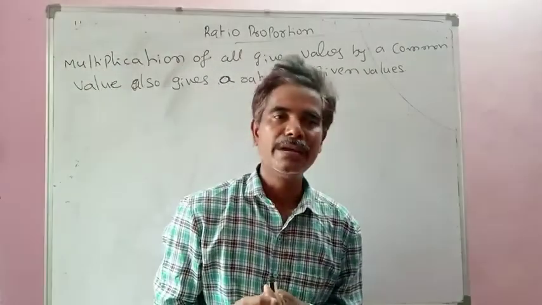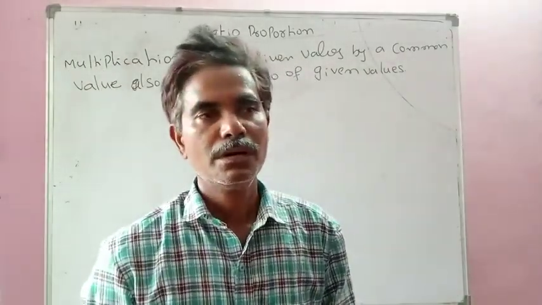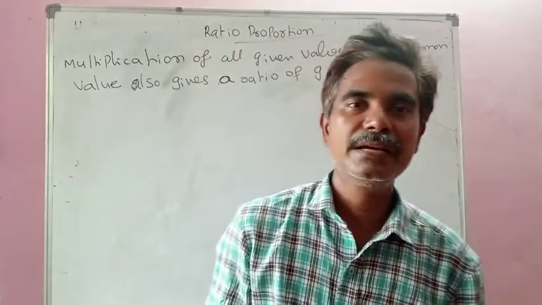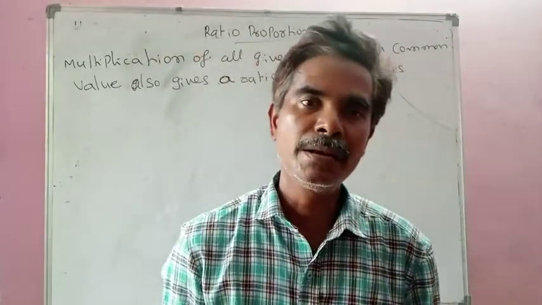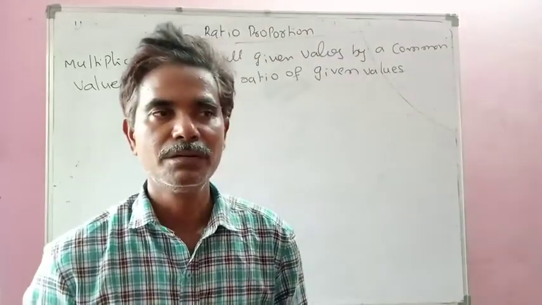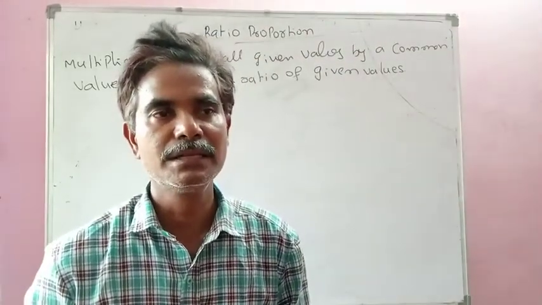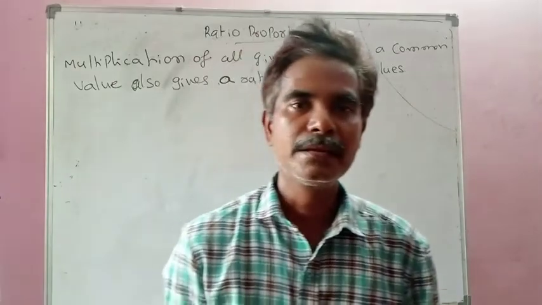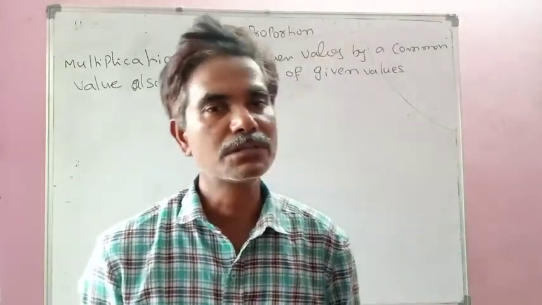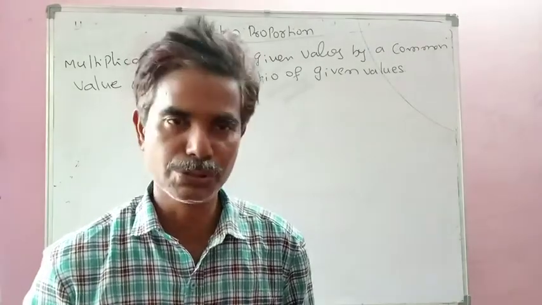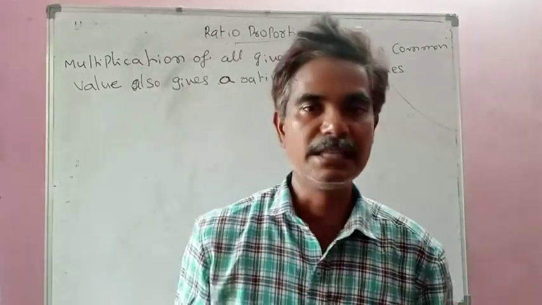Actually, to find a ratio, we have to divide the given values by a common value. But we can extend this: even by multiplying the given values by a common value, we will get a ratio. Let us see that.